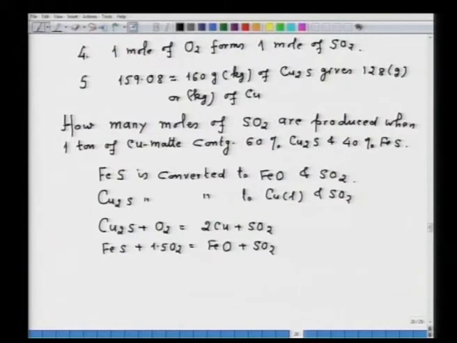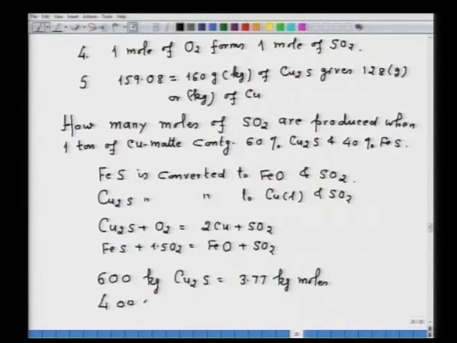So, we have 1 ton, that means 600 kg Cu2S, that is equal to 3.77 kg moles, and 400 kg FeS, that is equal to 4.55 kg moles.